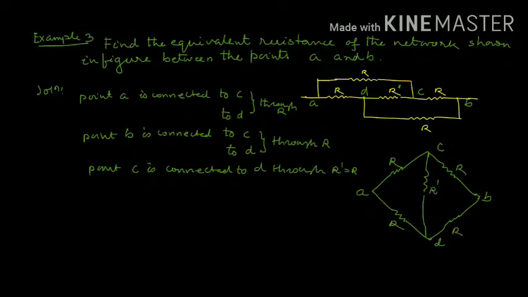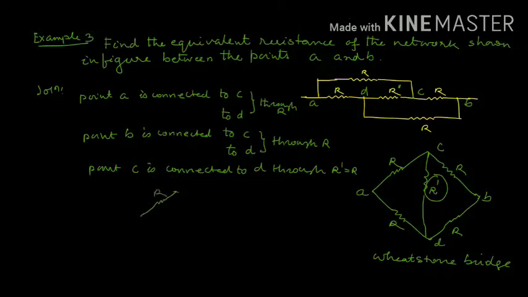So this is a Wheatstone bridge. Now we can easily calculate that. The resistance R dash can be removed, because in a balanced Wheatstone bridge no current flows through R dash.